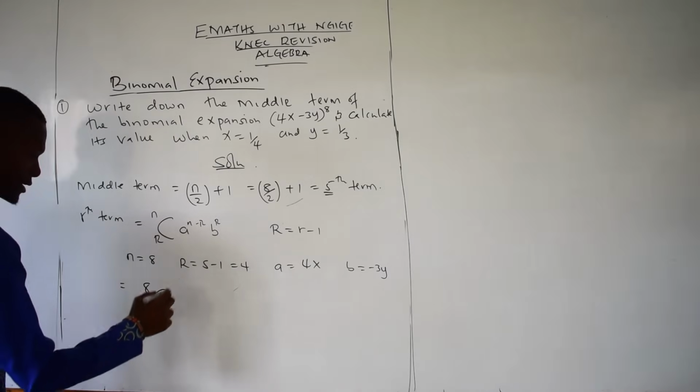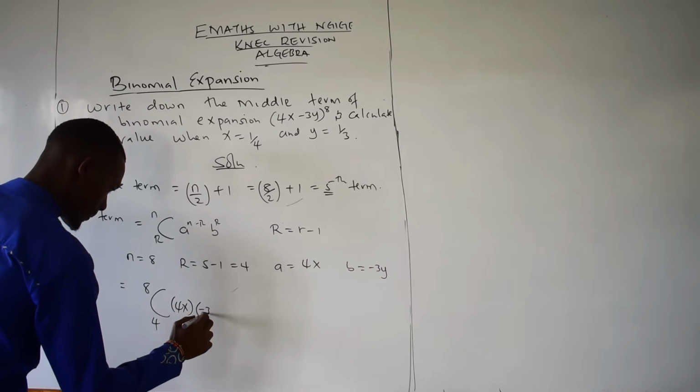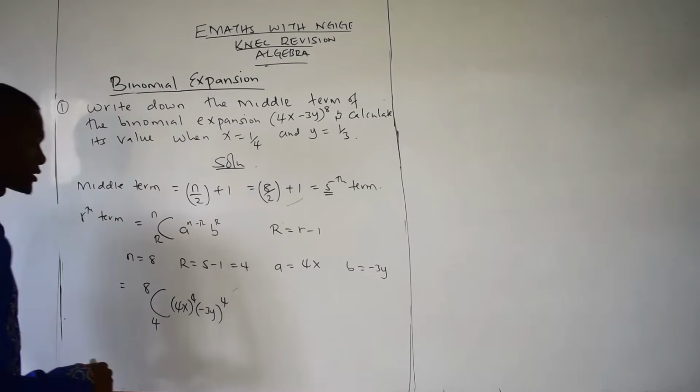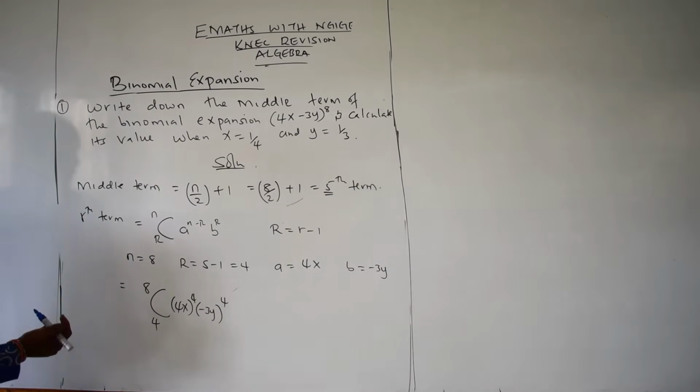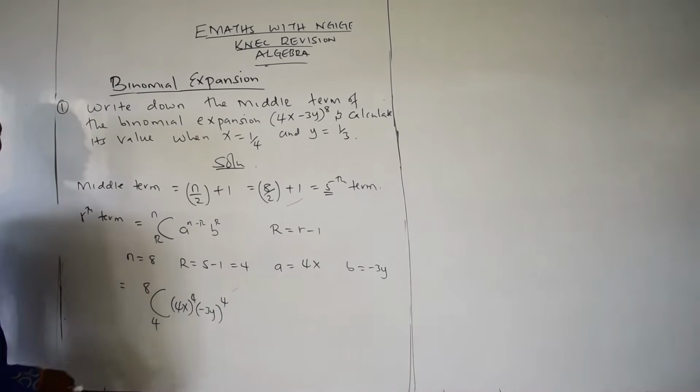So replacing everything that we need, our n is 8, our r' is 4, our a is 4x, our b is negative 3y, then we shall have this one raised to power 4, this one raised to power 4. Because remember again, the summation of this power and this power must be equal to our n here.